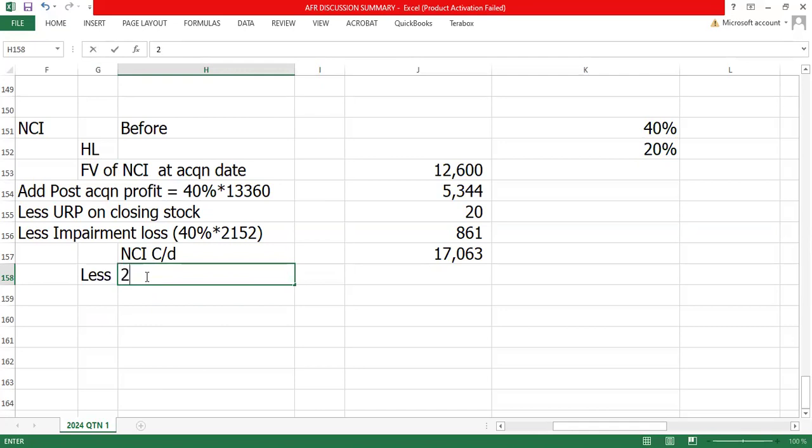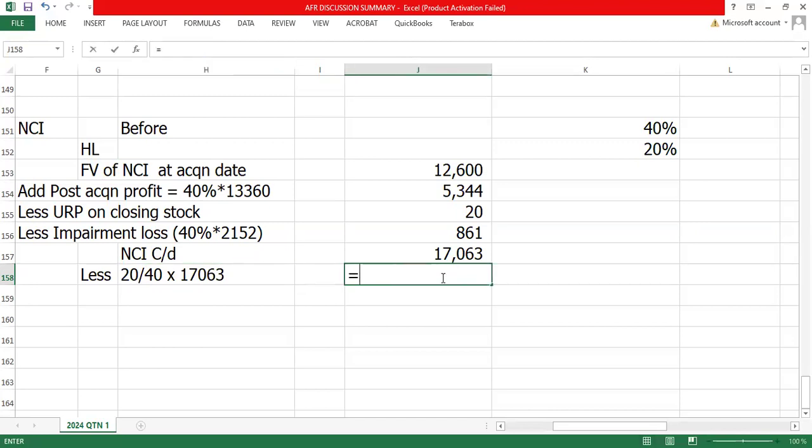So it will be 20 out of 40. Then we multiply by this one.